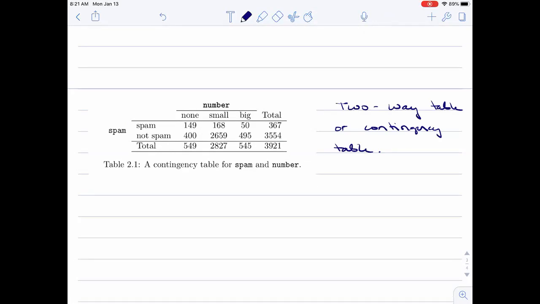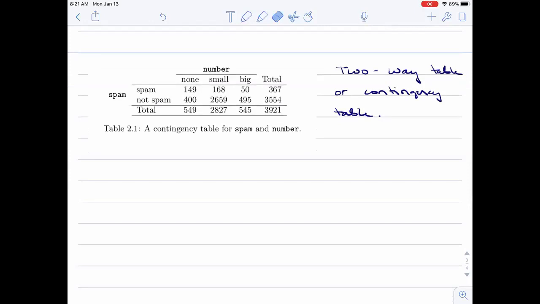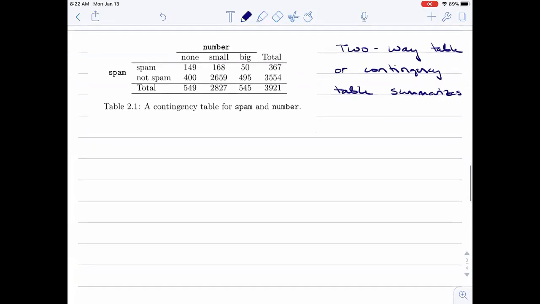All right. I'll keep going. It doesn't just help, it summarizes the relationship between two categorical variables.